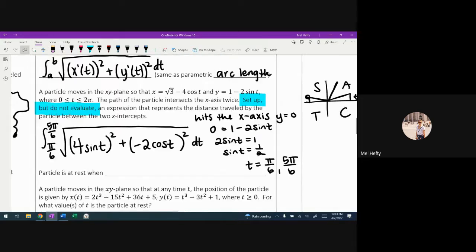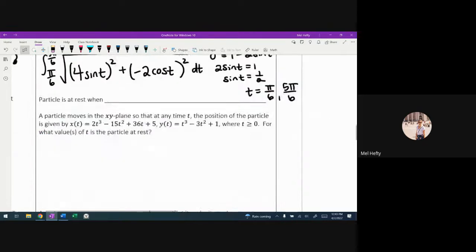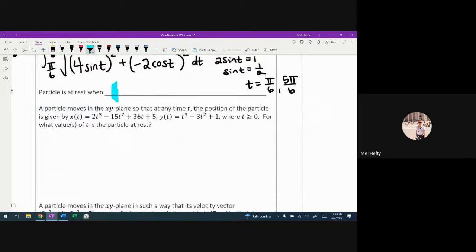Because I don't really want to set that whole square root thing equal to 0. But I have 2 components to velocity now. So I want v of t to equal 0, but my v of t is an x component and a y component. If I'm at rest, should both of those components be 0? Yes.